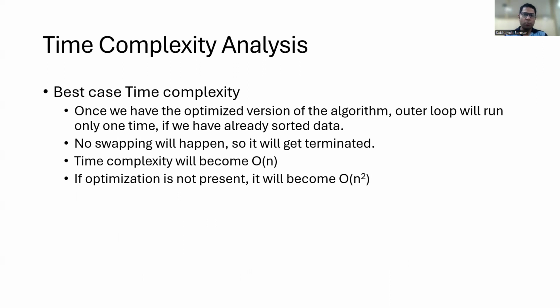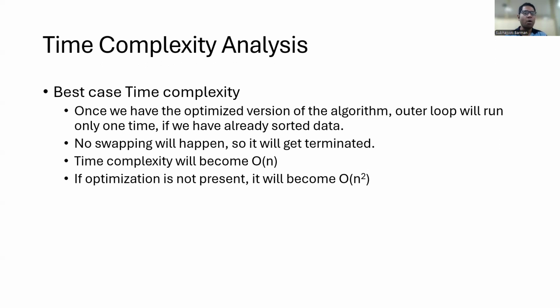If I want to talk about time complexity, at first we should decide which kind of case we are considering. There exist the best case scenario and the worst case scenario, or we can consider the average case time complexity for this kind of analysis. In the best case scenario, let's say we want to sort the data in ascending order and we are already provided an array having data in ascending order.